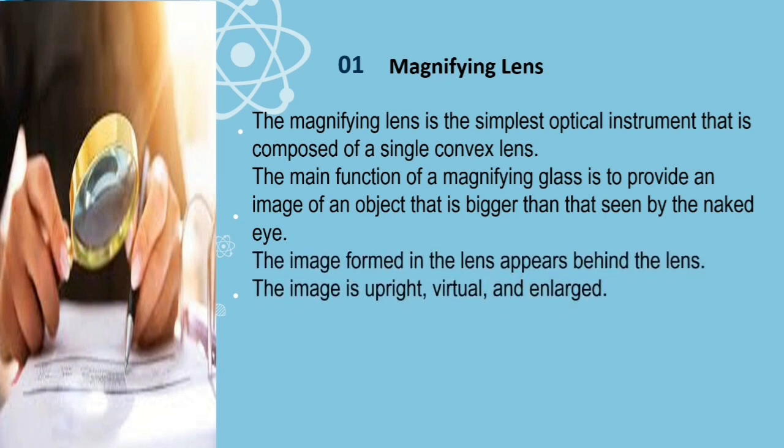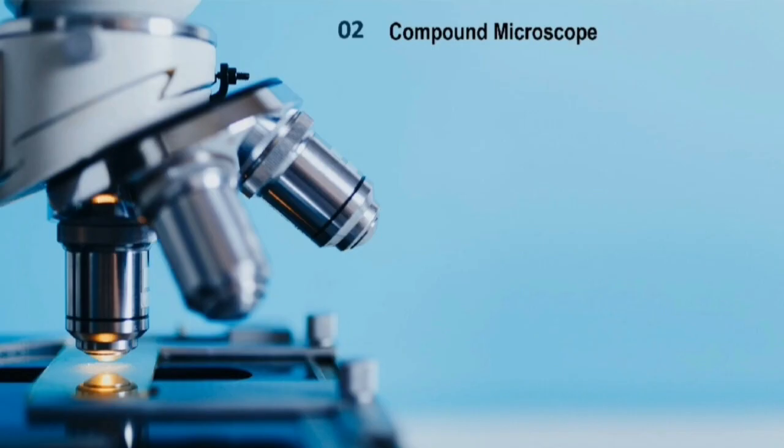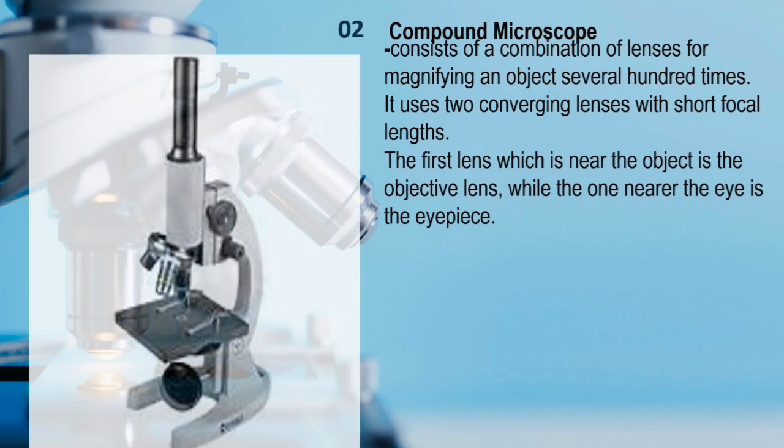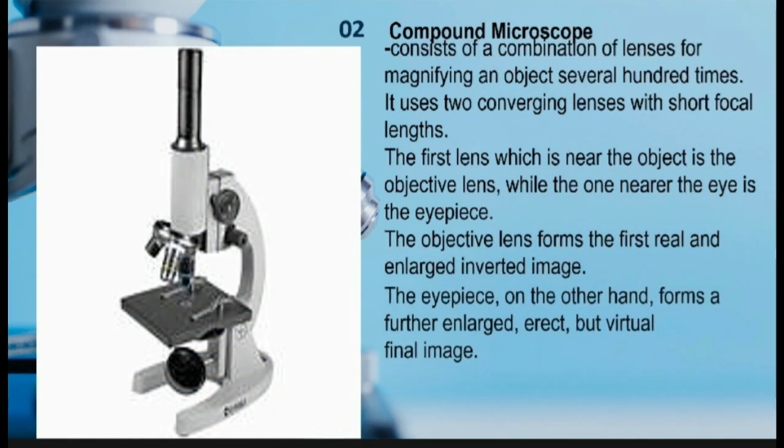Have you seen a microscope? Yes, you have experience using a microscope when you were in grade 8. But what is a microscope? Anyone? Yes, very good. It consists of a combination of lenses for magnifying an object several hundred times.